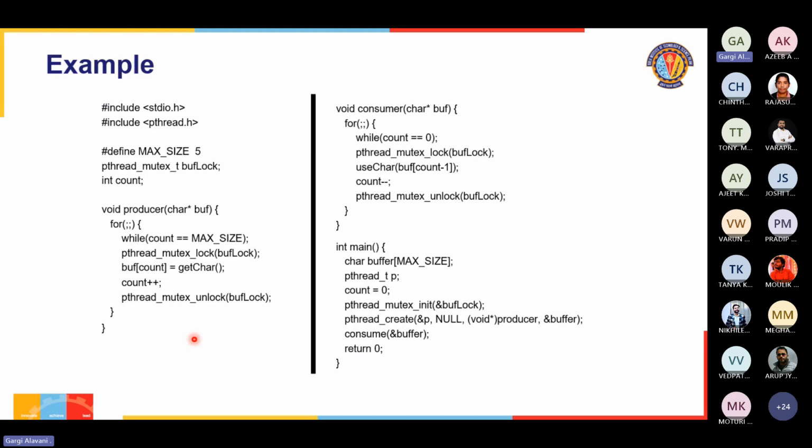If both try to access this buffer at the same time, there will be issues, because the producer might be trying to produce and the consumer trying to consume at the same time. If they get access to the variable at the same time, the value of this buffer will get corrupted. Is it clear? The problem is clear.